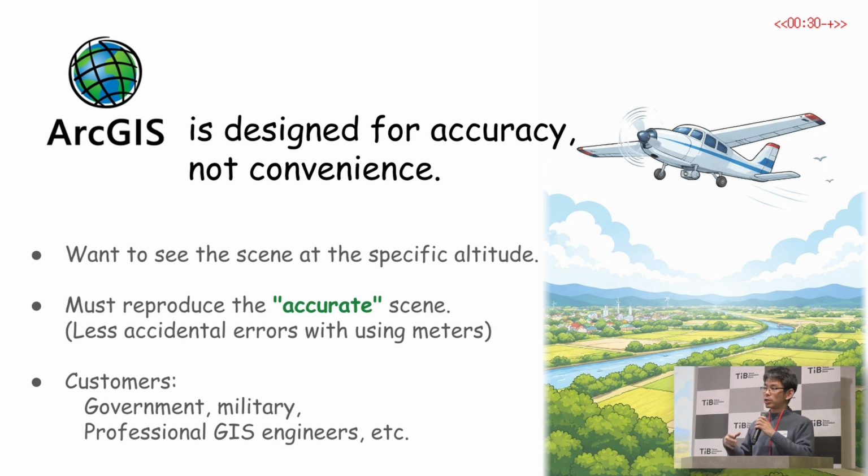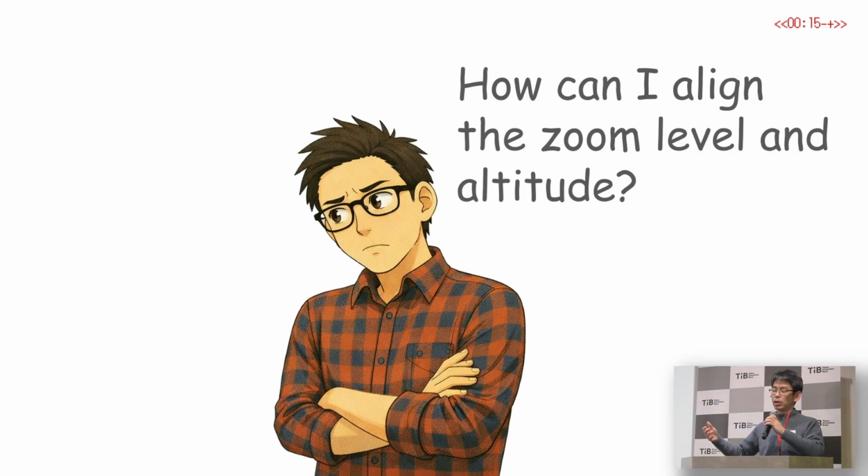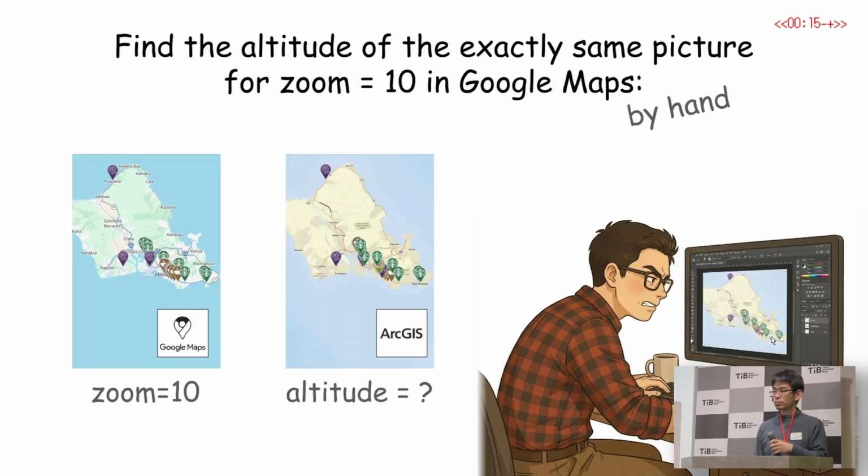Zoom level is a very good concept. If zoom level 0 means we can see the overall Earth in Google Maps, they are using altitude. So my problem: how can I align zoom level and altitude?